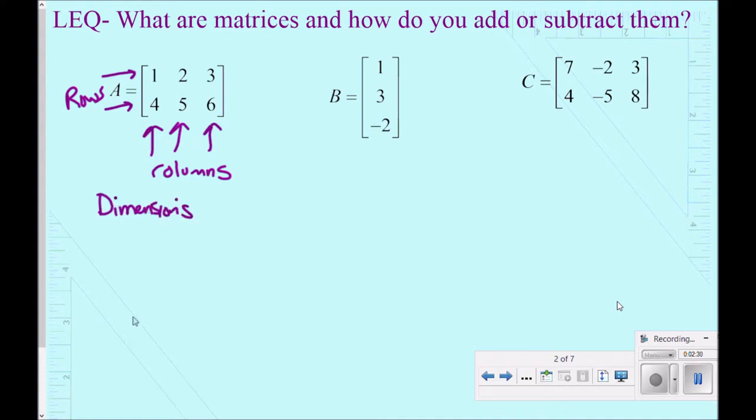Dimensions mean I'm going to list the number of rows first, by, in other words, I put the X there, the number of columns second. So if I'm listing the dimensions for matrix A, it has 2 rows and 3 columns, which means that this is a 2 by 3 matrix, or a matrix with dimensions 2 by 3. So go ahead and figure out the dimensions for matrix B and matrix C. So B is 3 by 1 and C is 2 by 3.